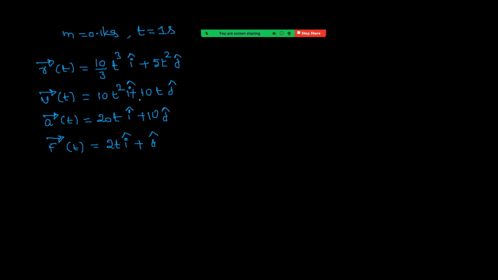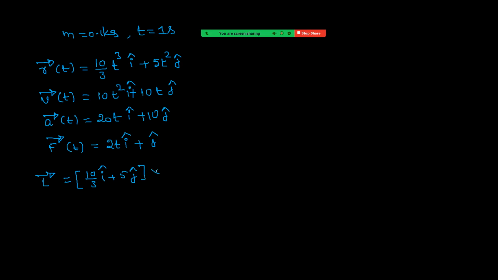Next, angular momentum with respect to origin. Calculate now. Angular momentum is r bar cross p bar. See what is r bar? We have to take when t equal to 1 second. Okay. 10 by 3 I cap plus, t equal to 1, 5 j cap.